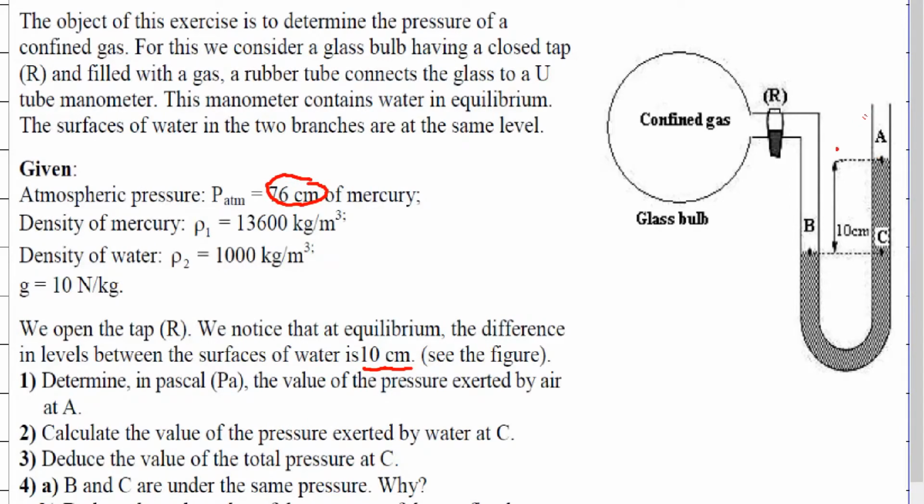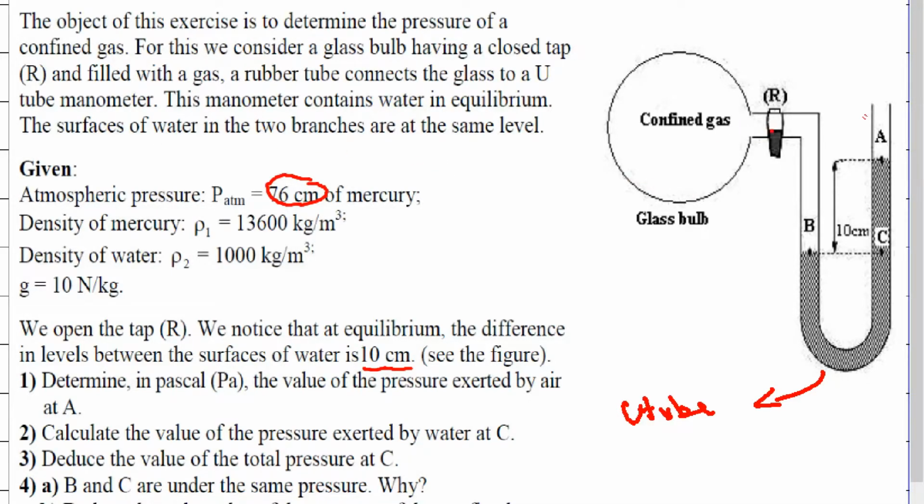So what's happening here is that we open the tap R. This tap allows the confined gas to pass from this glass bulb to the U-tube. Previously this manometer, which is the U-tube, contains water in equilibrium, and the surfaces of water in the two branches are at the same level.